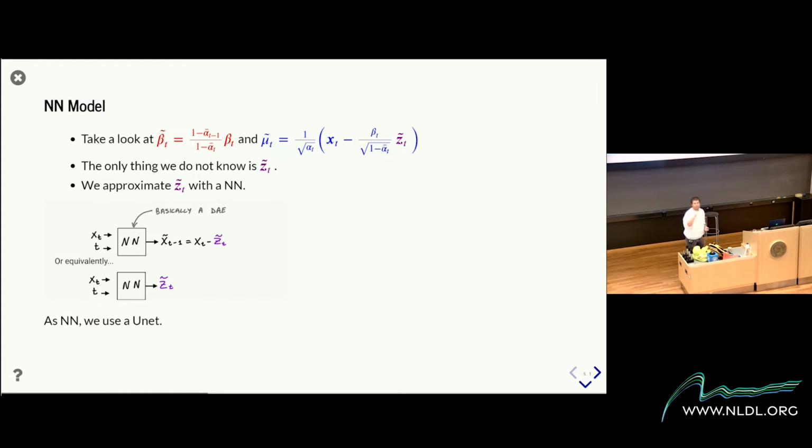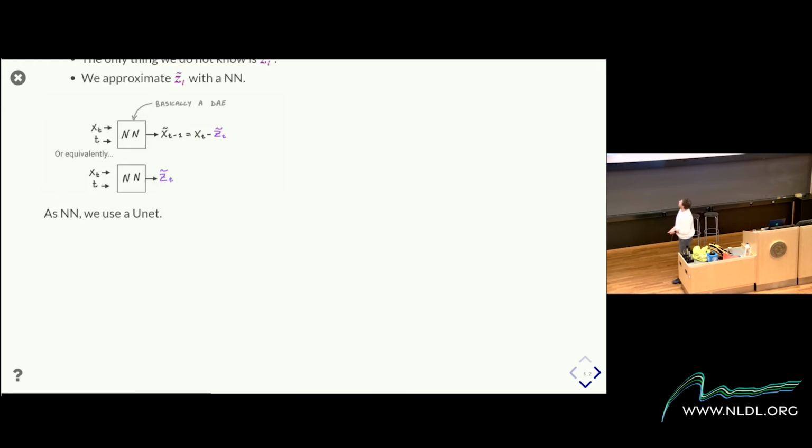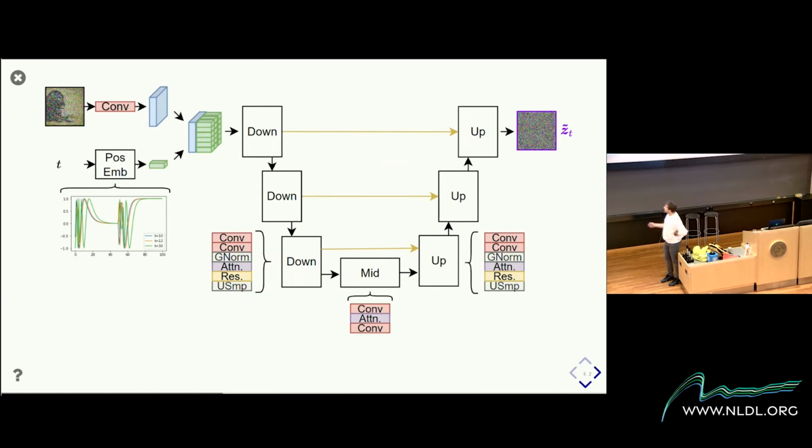So there is a one-to-one relationship with the pixels, for example, in the input and in the output. Even here, right? This is our input, the image with noise. This is our output, the noise that was added to the image at the previous step in the forward process, okay? So they have exactly the same shape, so that's why it's convenient to use a UNet.